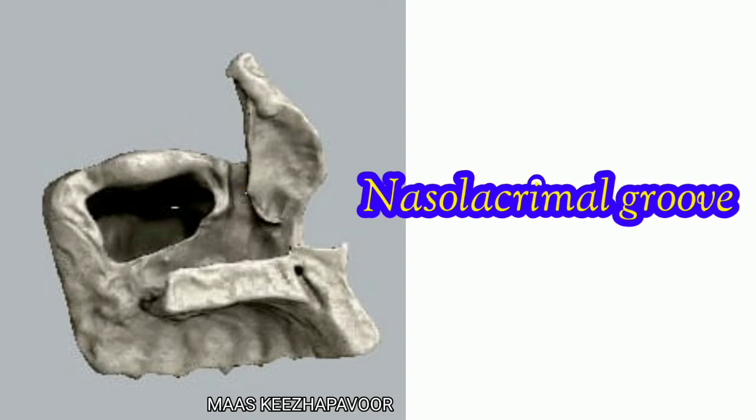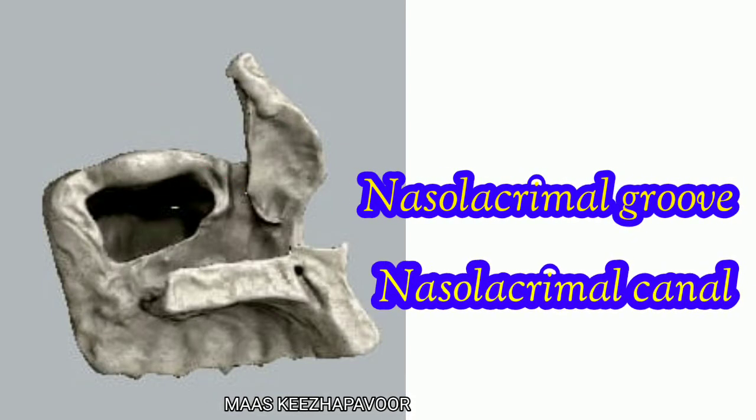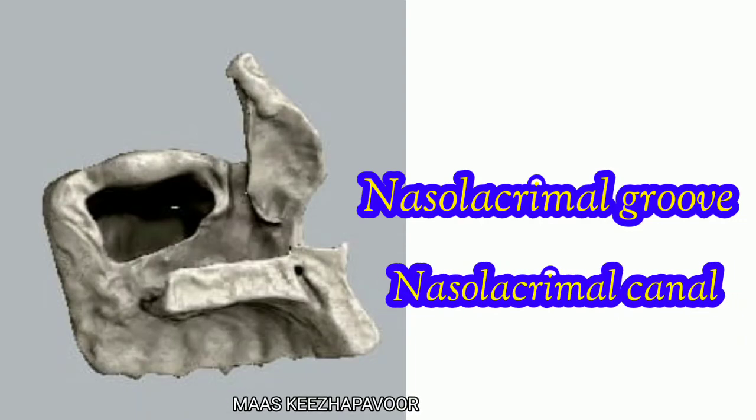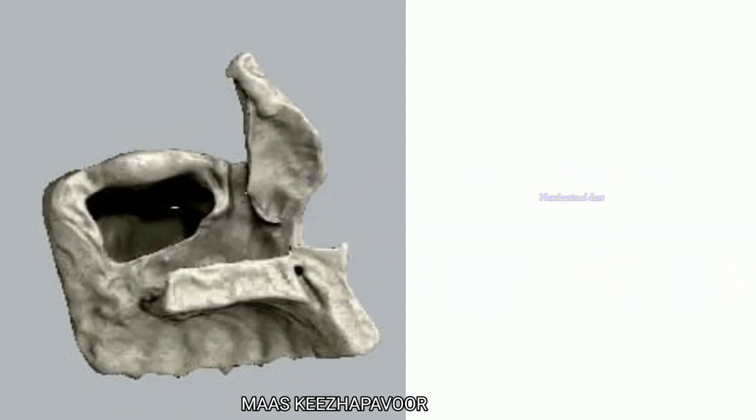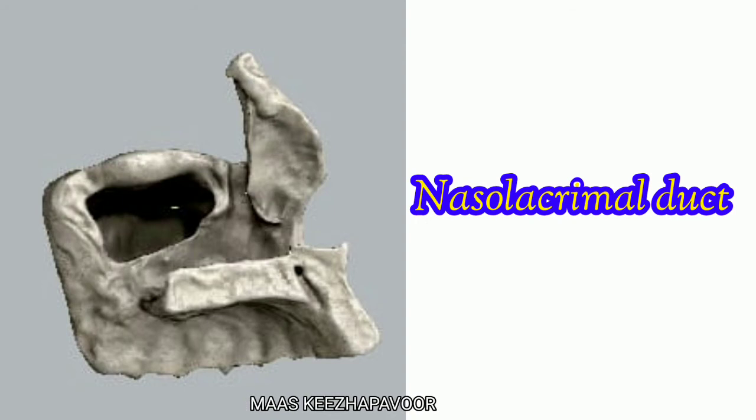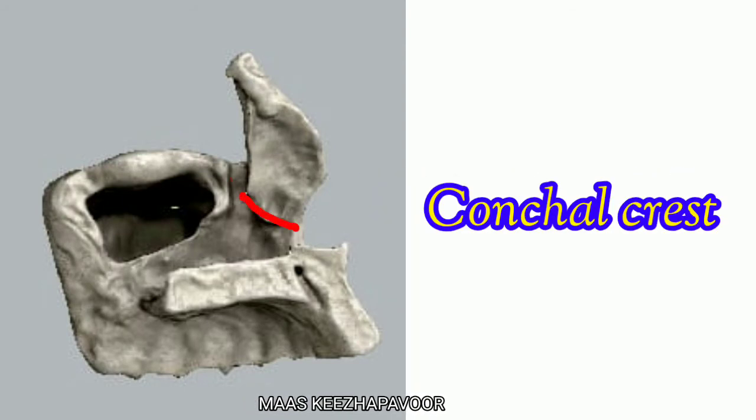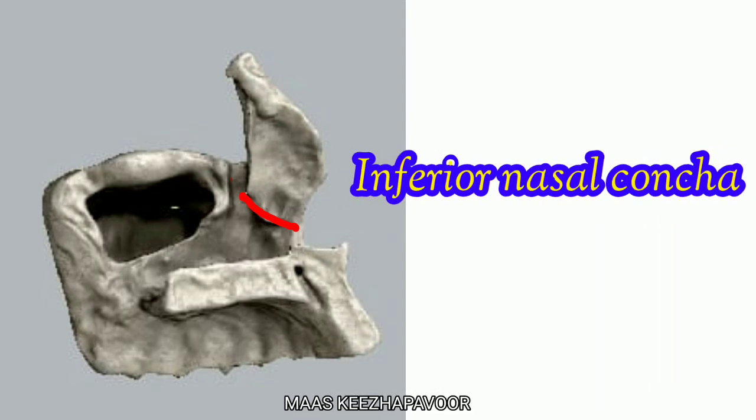One is in front of the maxillary hiatus and the other is behind the hiatus. The groove in front is the nasolacrimal groove that will be converted into the nasolacrimal canal while articulating with the lacrimal bone. It transmits the nasolacrimal duct. Anterior to this groove, there is an oblique ridge called the conchal crest which articulates with the inferior nasal concha.